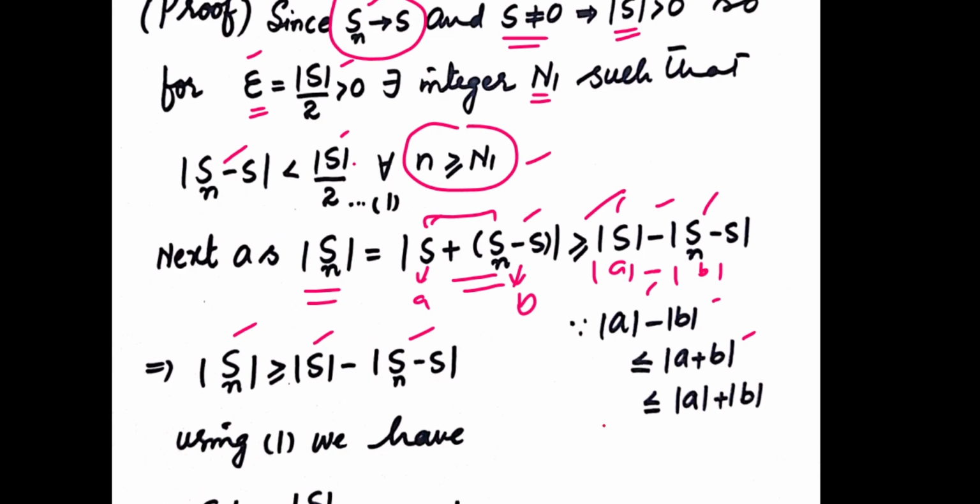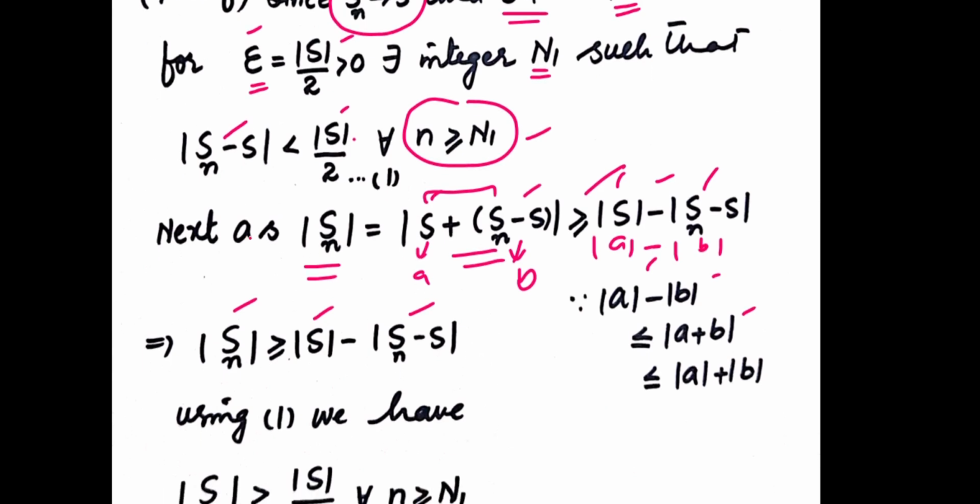Now using 1. In 1, absolute Sn minus S is less than S absolute by 2. Multiply by minus 1 on both sides. When you multiply this expression with negative 1, this will change the sign. This becomes minus absolute Sn minus S is greater than minus S absolute over 2.